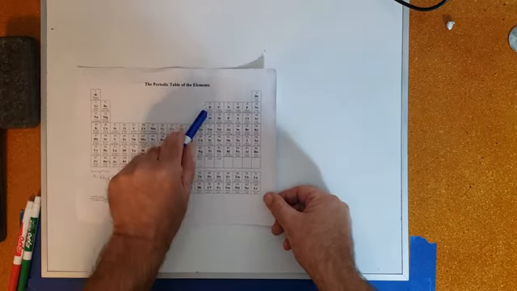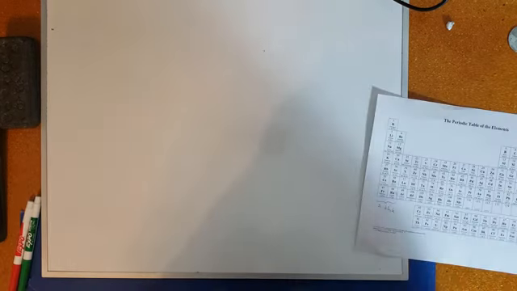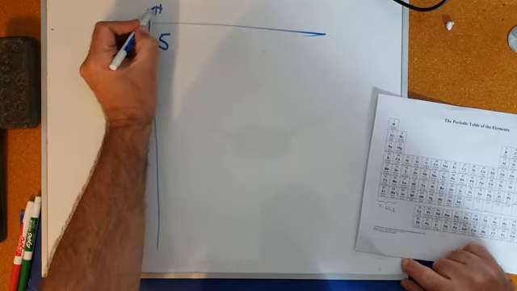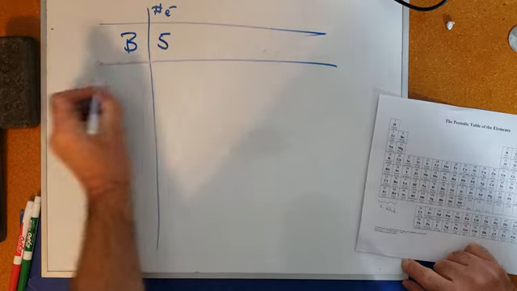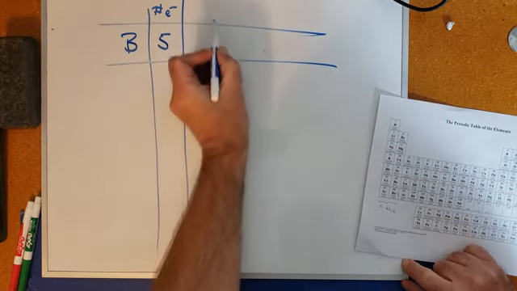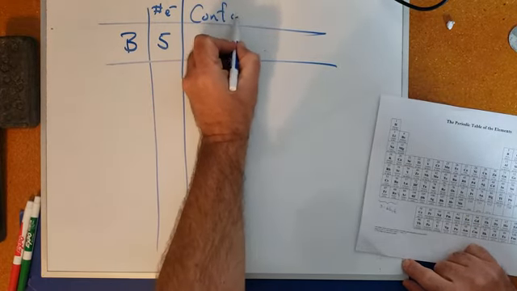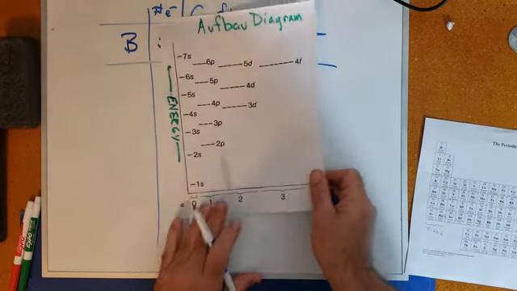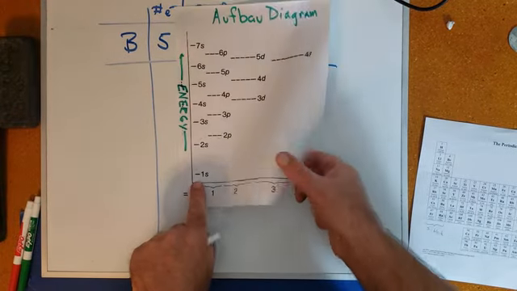So let's start with boron. Boron has 5 electrons, and its configuration is going to start with 1s.